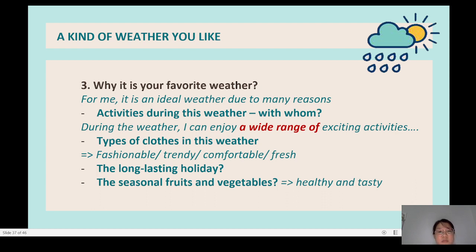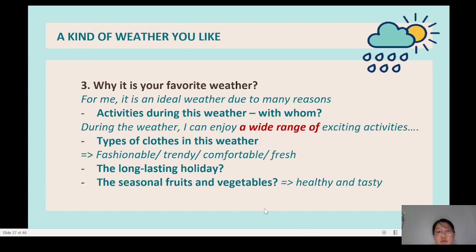And then you can give more detailed information to expand your answer. Firstly, you can talk about which activities you or people can do during this weather. Here is my example: During this weather, I can enjoy a wide range of exciting activities.